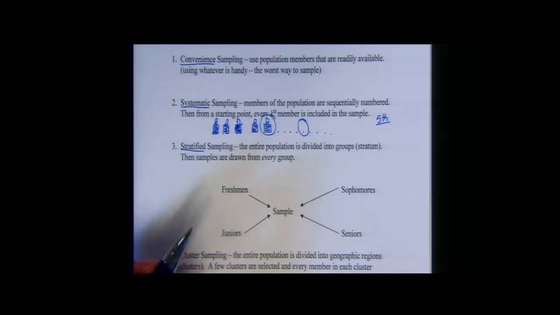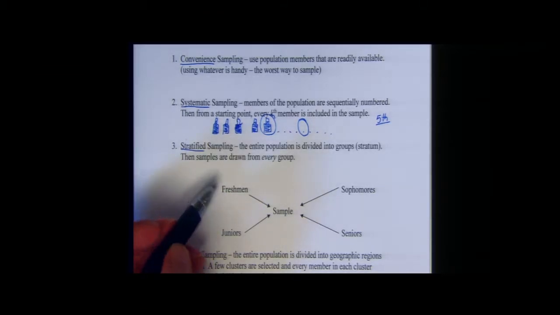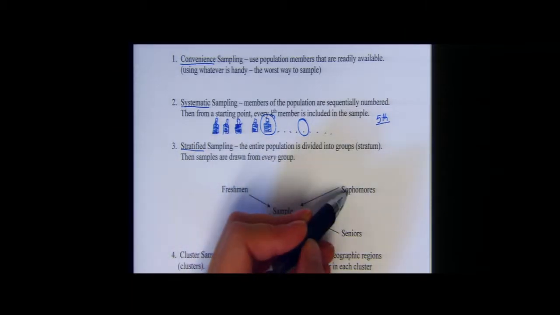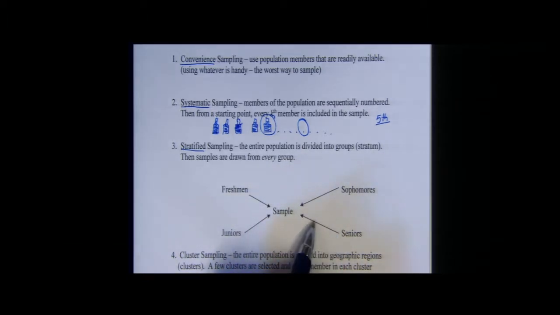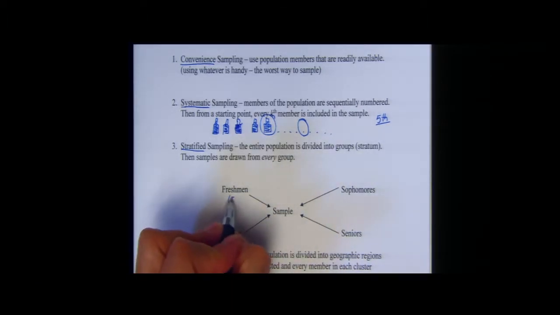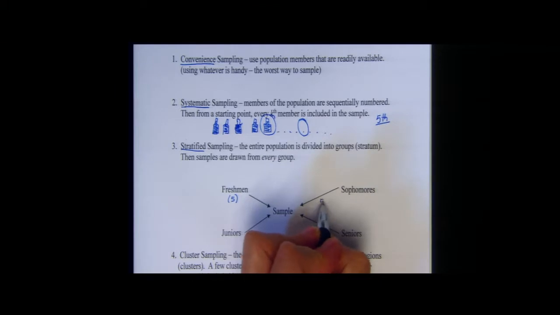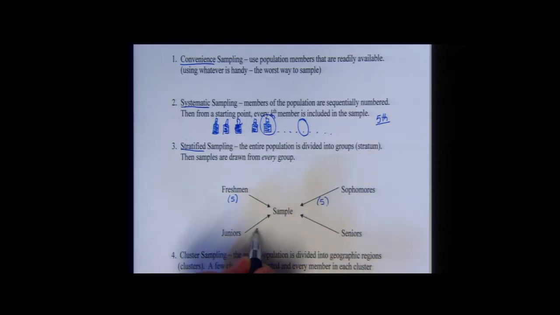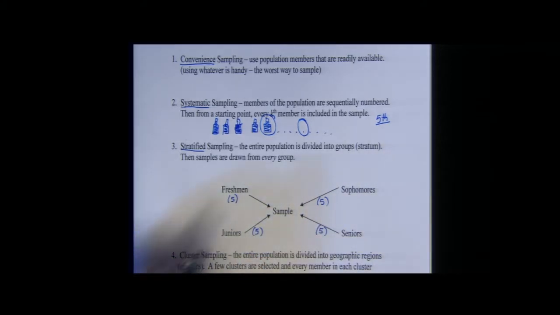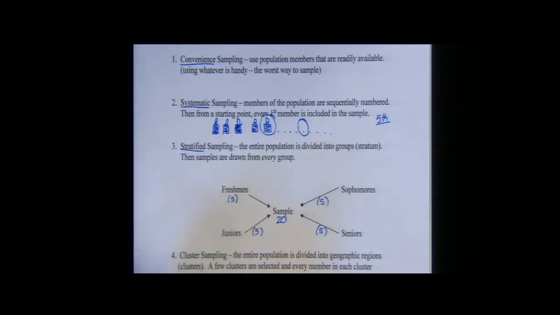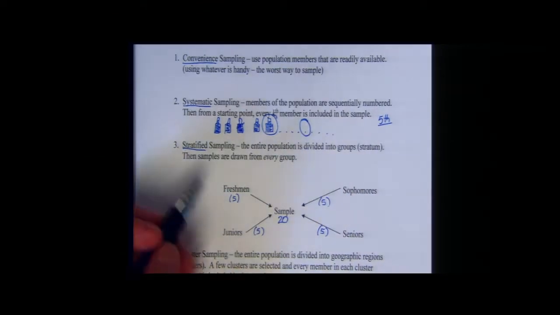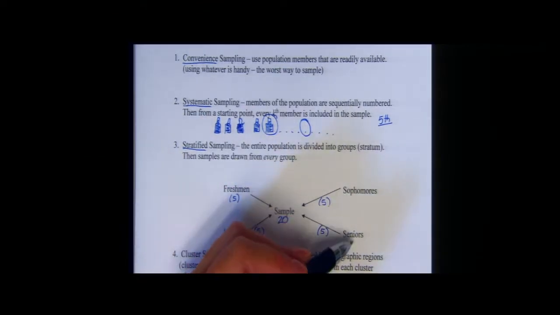So if we divided students into their classification, freshmen, sophomore, juniors, and seniors, and notice there's an arrow from each one, that would be if you chose 5 freshmen, 5 sophomores, 5 juniors, and 5 seniors. So you would have 20 people in your sample, and you would have representation from every group.